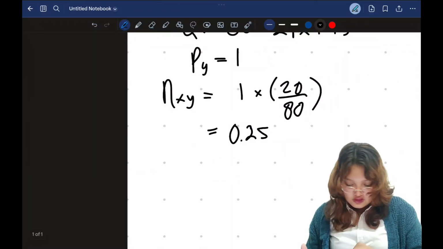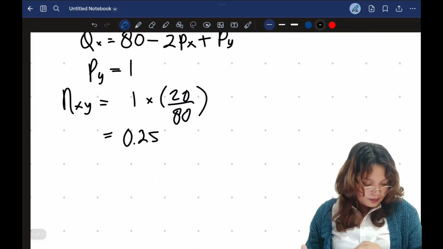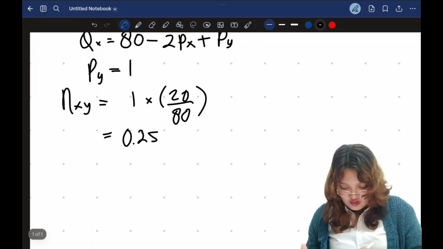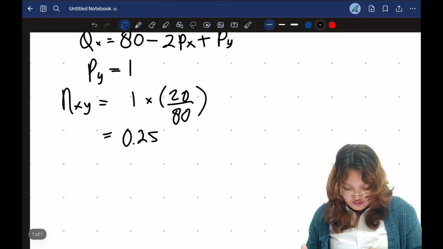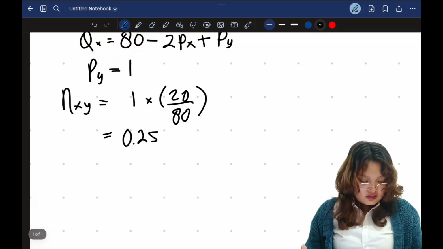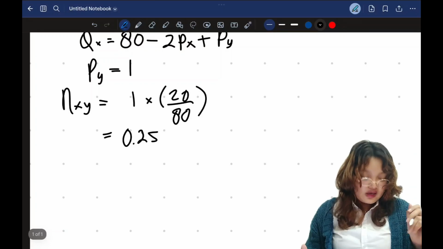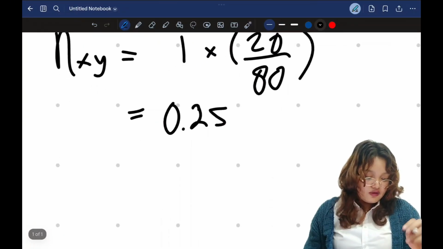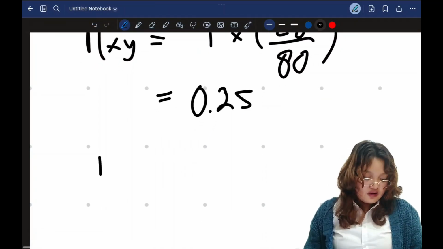The result equals 0.25. This means X and Y are substitutes: if the price of Y increases, the demand for X also increases.